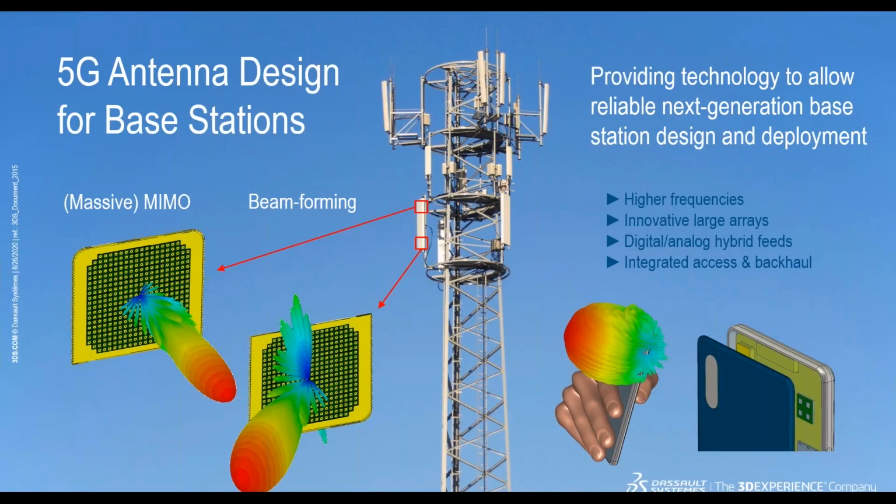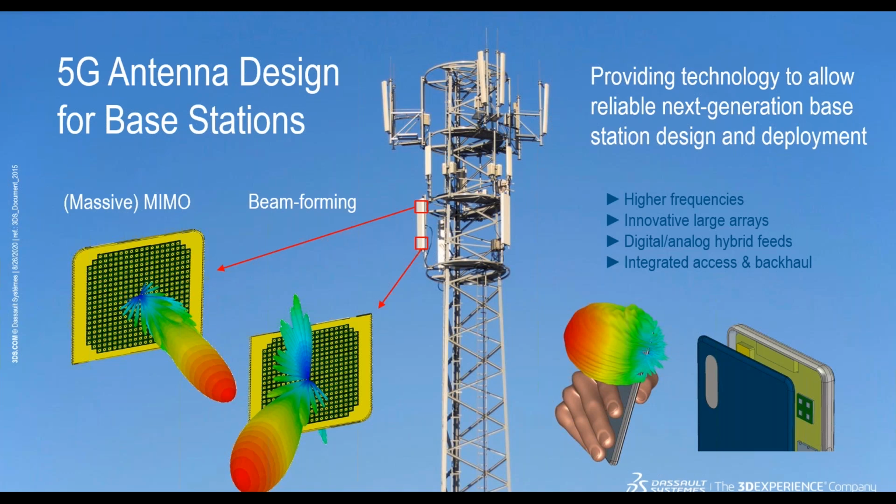So when we talk about 5G and antennas, it's really 2 fields that we look at. We really talk about the base stations. And this is really where we talk about the big systems, where we talk about the infrastructure. So we have what we call massive MIMO structures, and we have what we call beamforming. So we can take these arrays and focus the beams into what we need to do. But there's the other side: you have the big infrastructure side, but now you need to have the same technology that works in your mobile device.